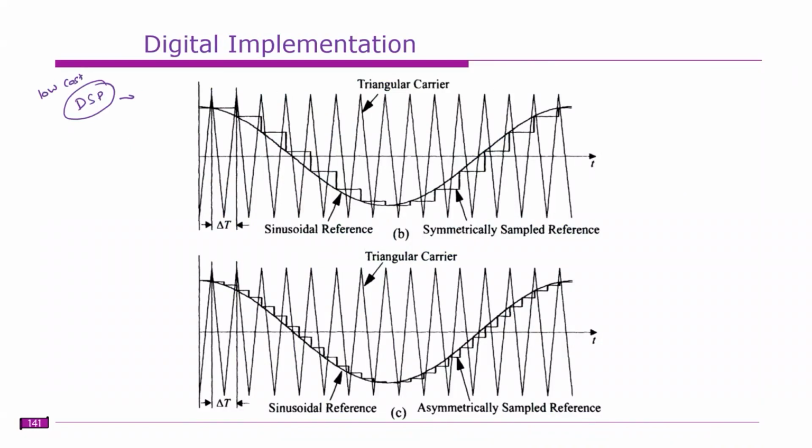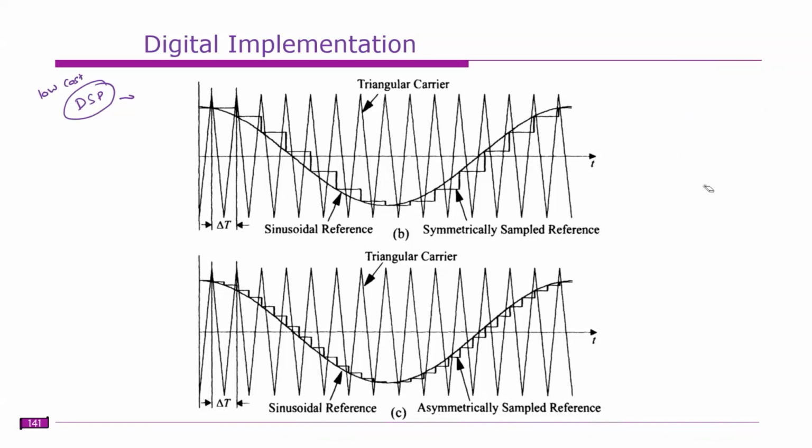In most cases in a low-cost DSP, we will not do the comparison of the modulating signal and the carrier wave. Instead, they will store the values in a lookup table.